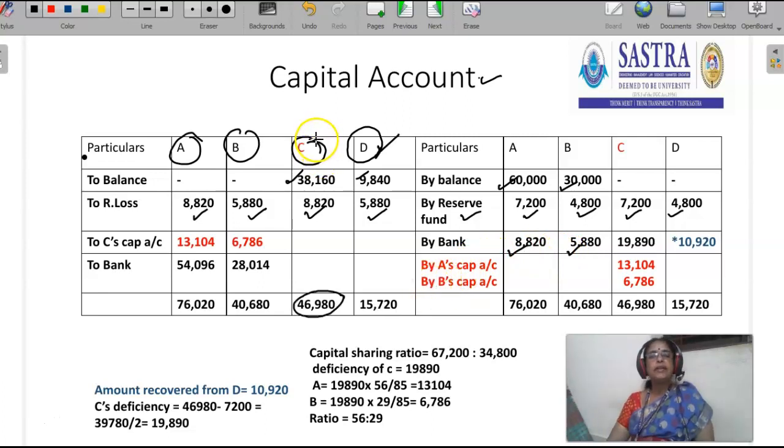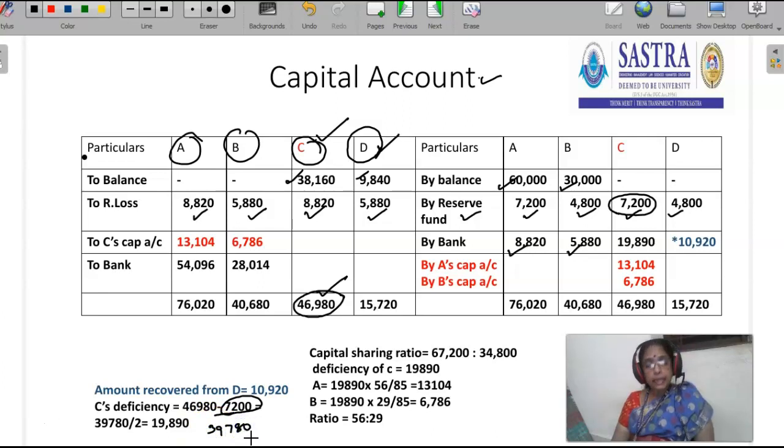Then the next step, we have to find out the deficiency of the insolvent partner. Here the insolvent partner is C. C's debit side total is 46,980. From 46,980, if we deduct 7,200, that is the reserve fund credited to his capital account, the balance is 39,780.